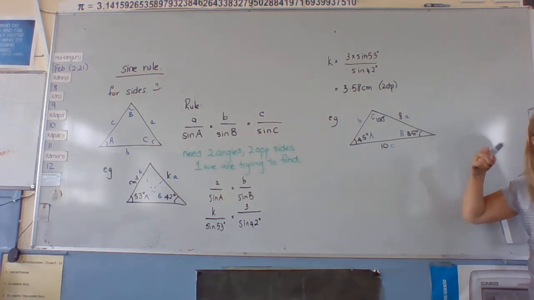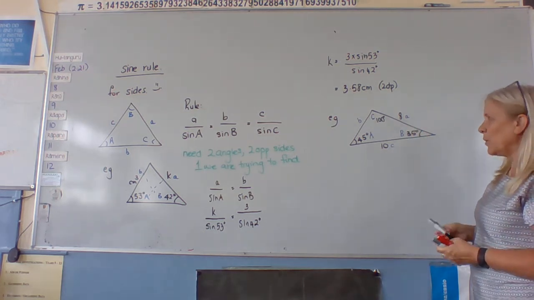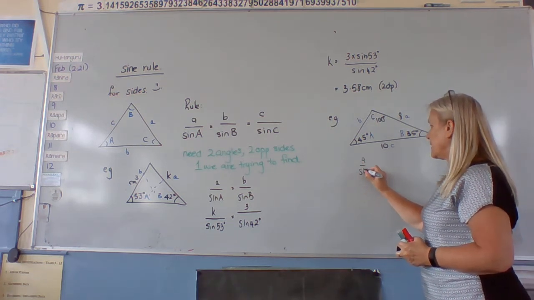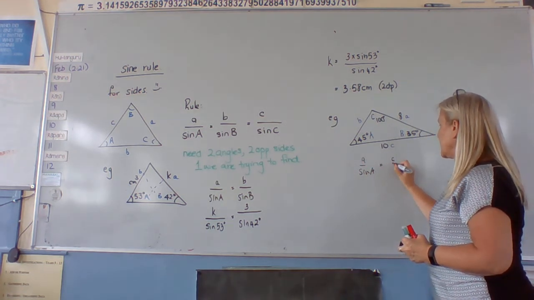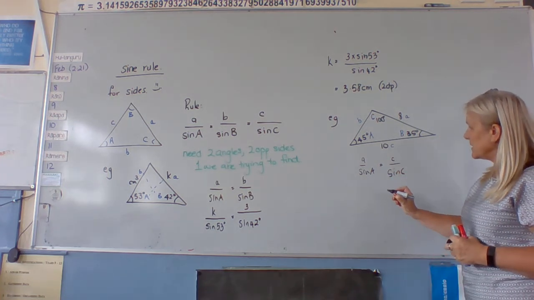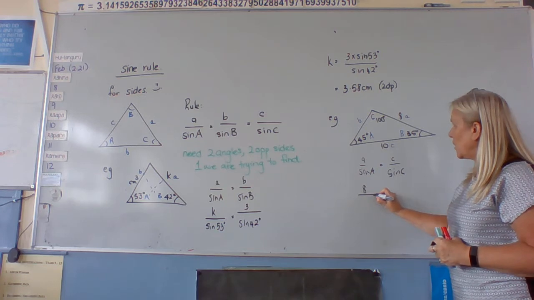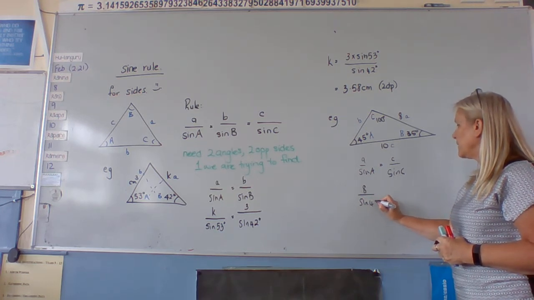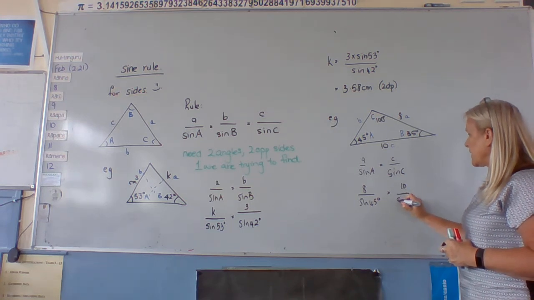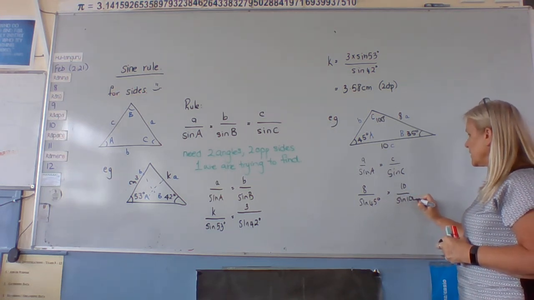Alright, so once we've got that, we write out our rule. We're using C this time. a over sine A equals little c over sine C. a is 8 over sine 45. c is 10 over sine 100.